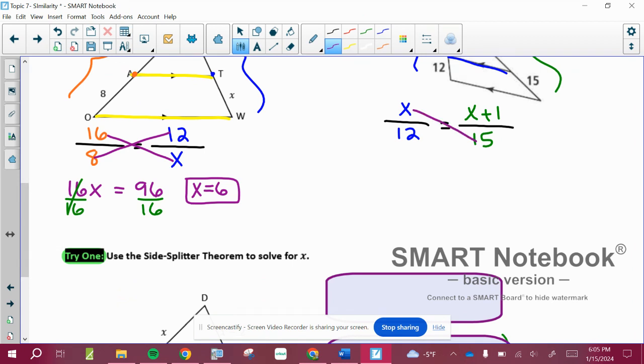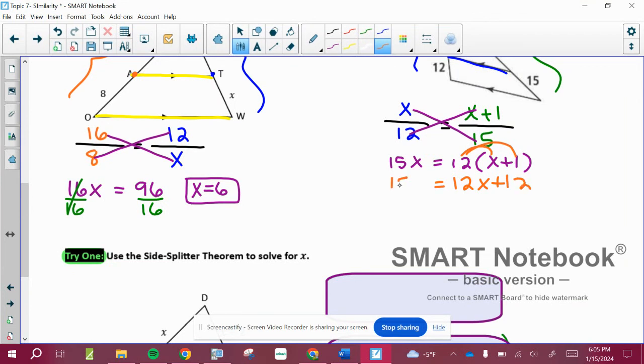We cross multiply. x times 15 is 15x. When I do my other cross product, just make sure it's 12 times everything, not just the x. It's 12 times the whole piece, x plus 1.